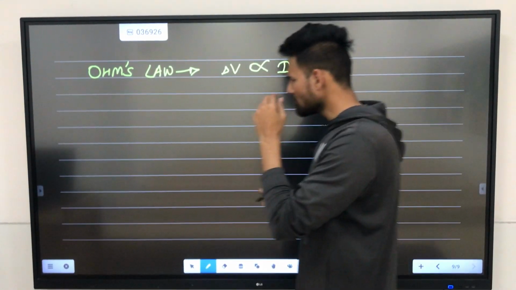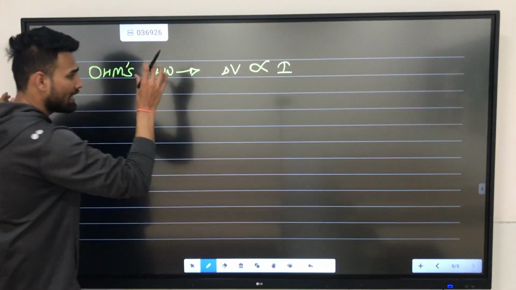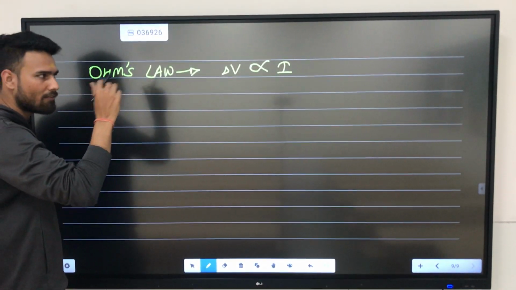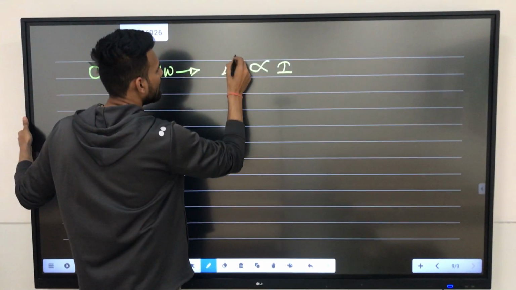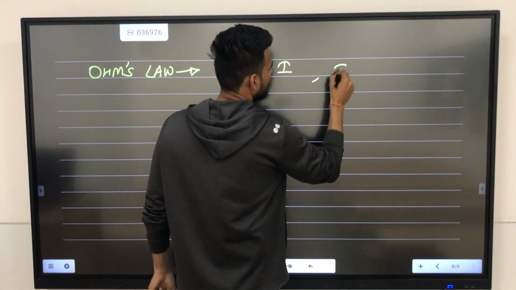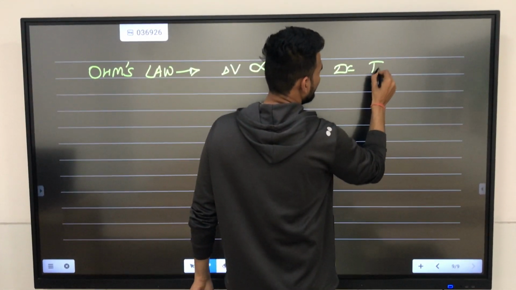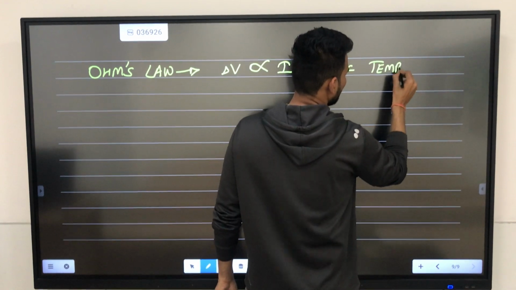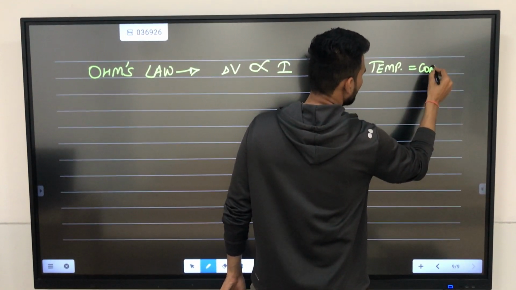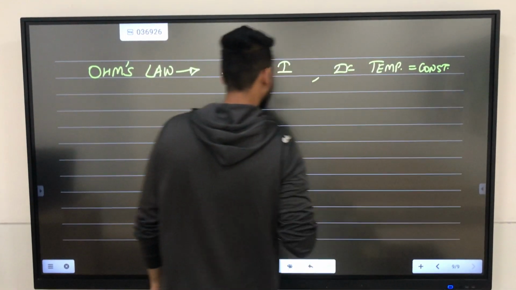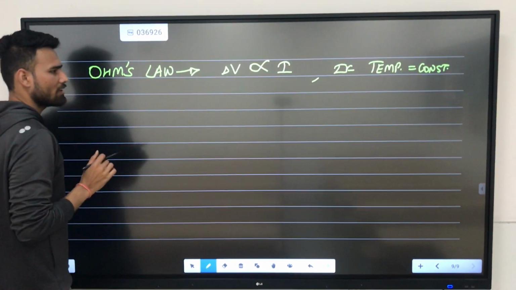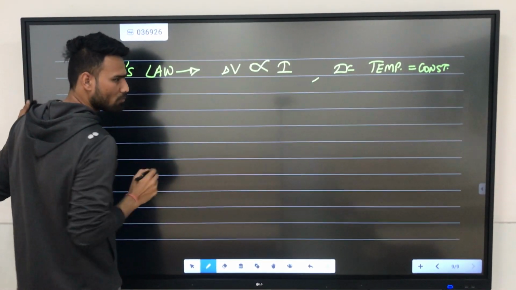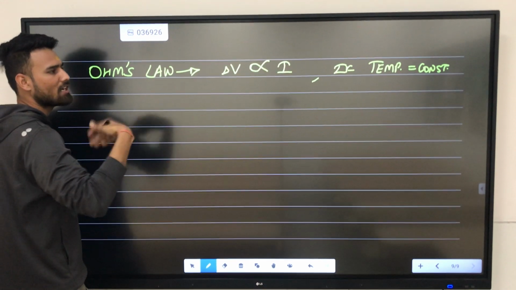Now, Ohm stated that it will only hold if temperature is constant. This is the condition for it. If we want to remove the proportionality sign, we have to introduce a proportionality constant.